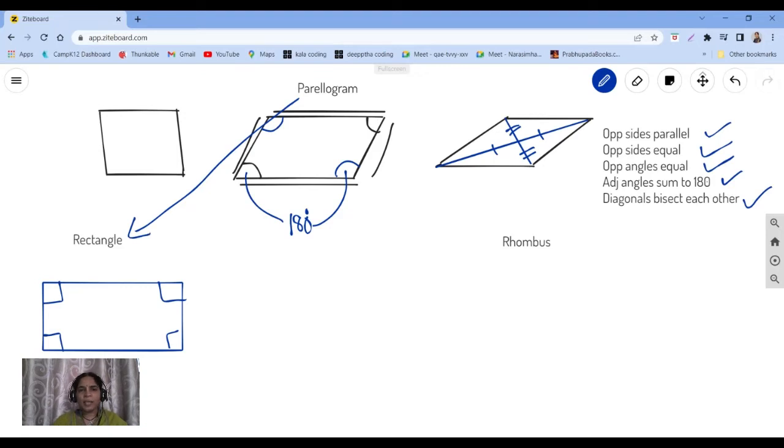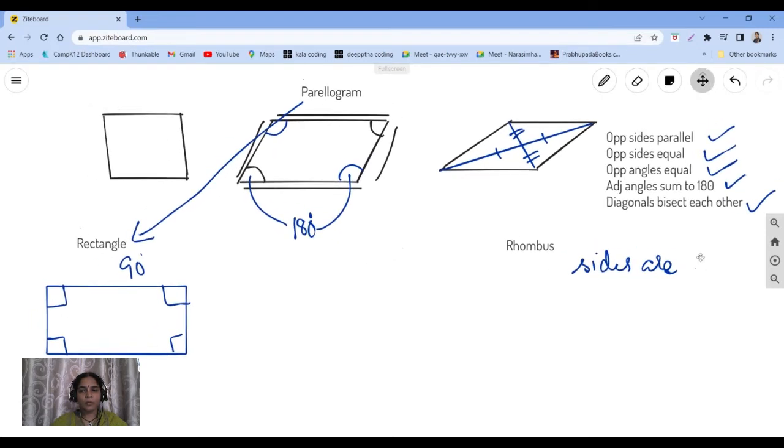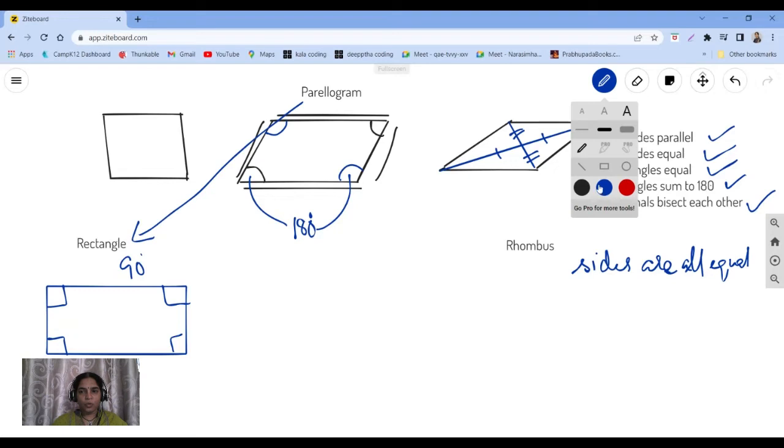Now, with the same properties of a parallelogram, what if the angle is not 90 degrees? Instead, the sides are all equal. What do you get? You get a rhombus, right?